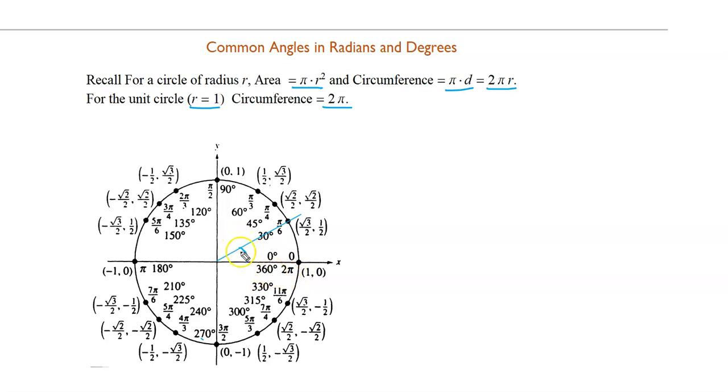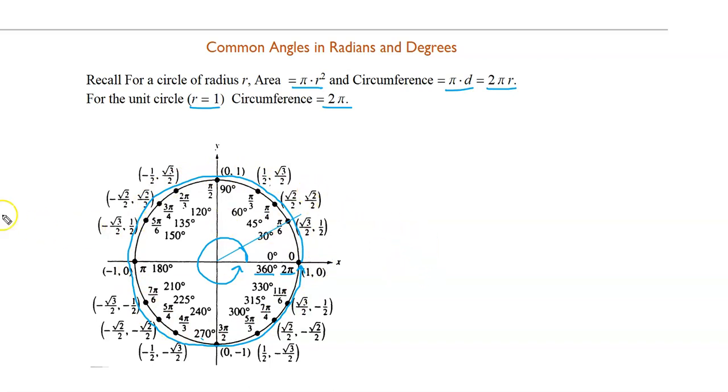Notice that 360 means that you go all the way around, and that distance along the outer edge of the unit circle is 2 pi. So 360 degrees corresponds to a radian measure of 2 pi.